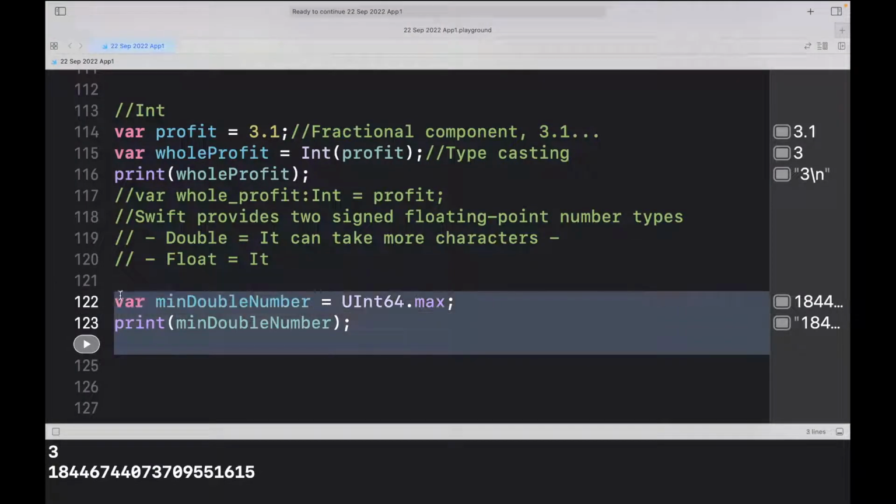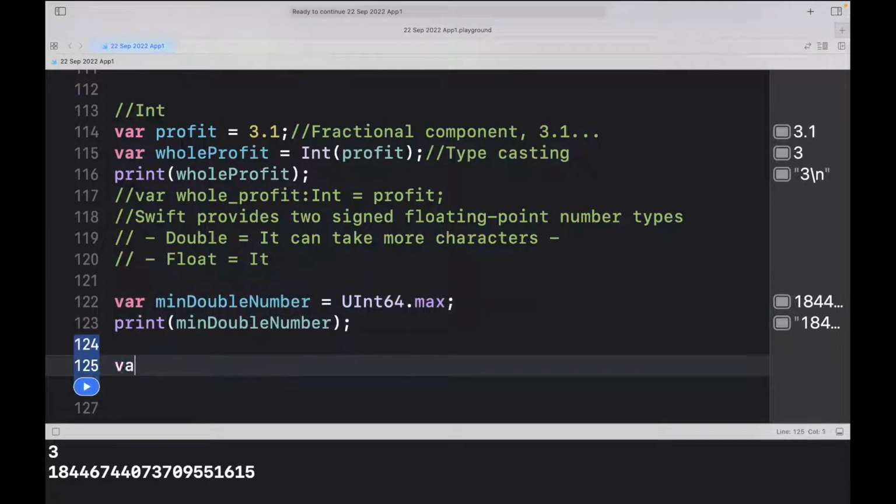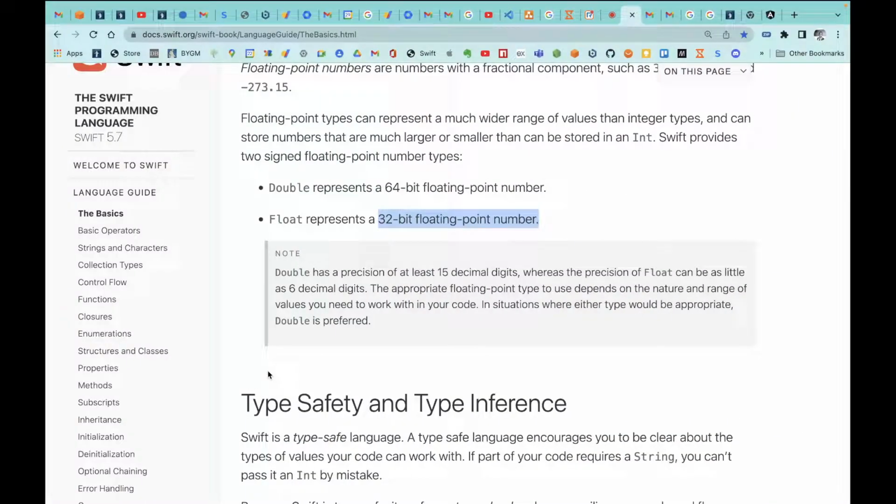Wow, that's quite interesting. Let's say max double as a double. So what we're learning here is that double has a precision of at least 15 decimal digits, whereas the precision of float can be as little as 6 decimal digits.